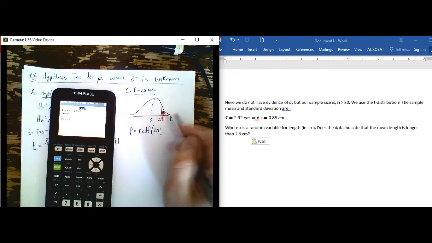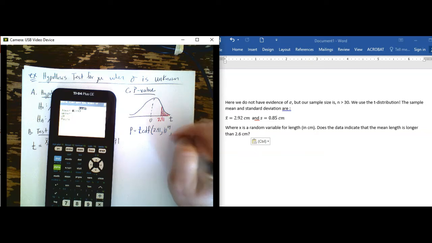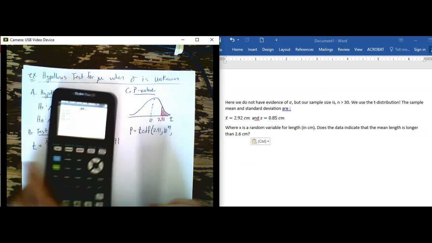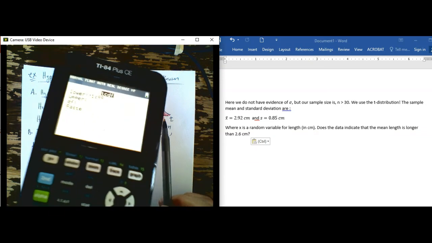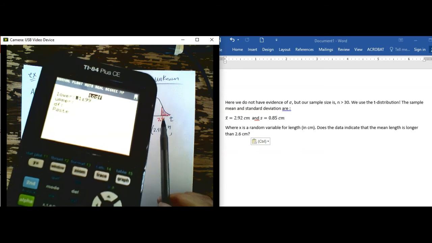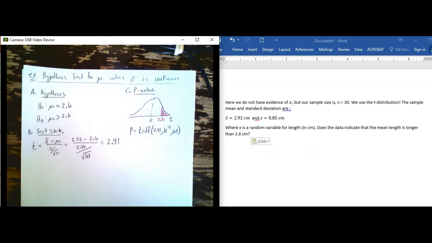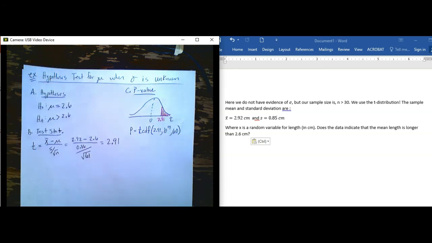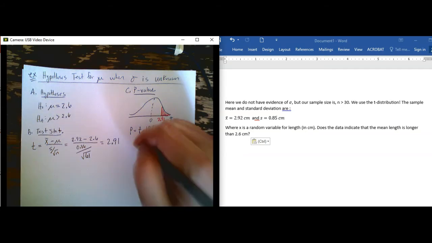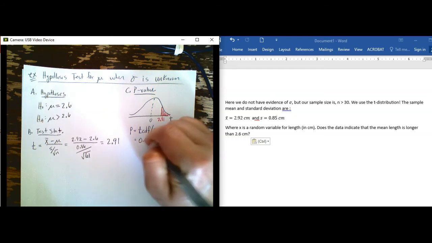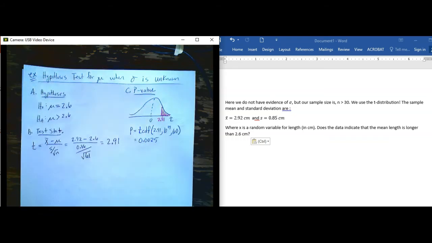Our upper limit, which is 10 to the 99. And then the degrees of freedom, which are 60, n minus 1. So let's plug those in: 2.91, 10 to the 99, and 60. We get 0.0025.